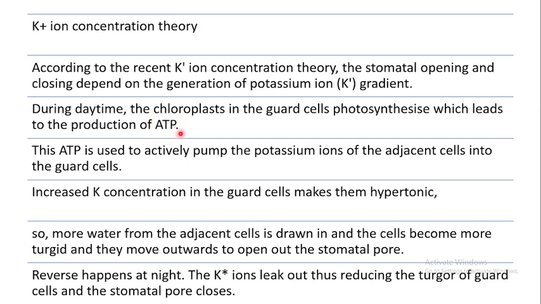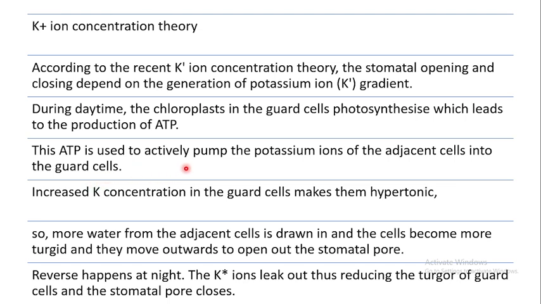So ATP is formed. Now this ATP is used to actively pump the potassium ions of the adjacent cells into the guard cells. I have already explained active transport in my previous lesson, right? So you remember that in active transport, use of energy was there.